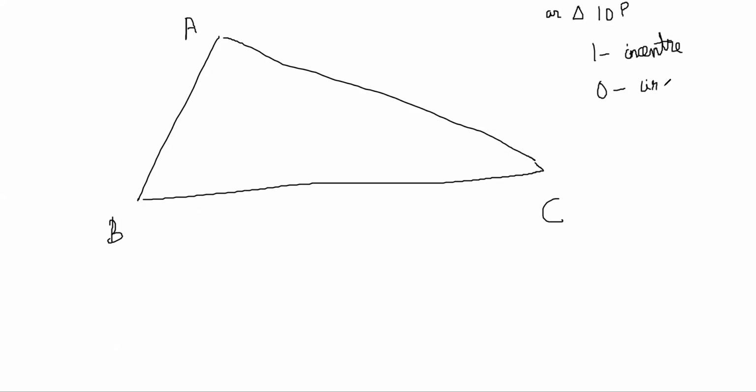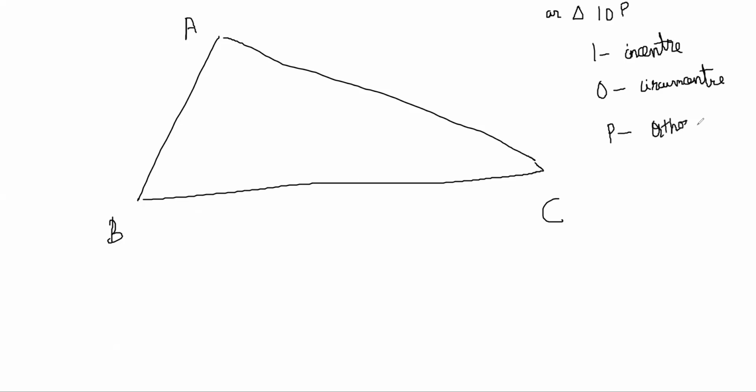So let's say this is A, B, C. Okay. You have to find area of triangle IOP. Okay, IOP. I is incenter. O is circumcenter. And P is orthocenter.